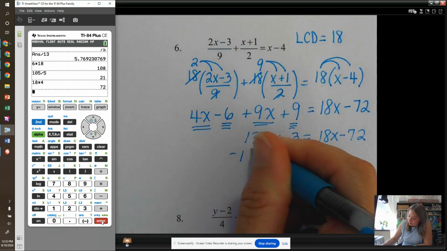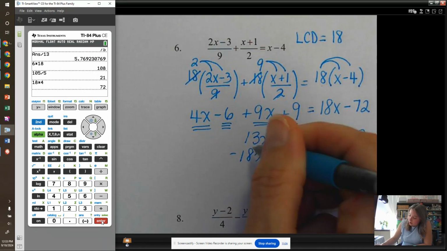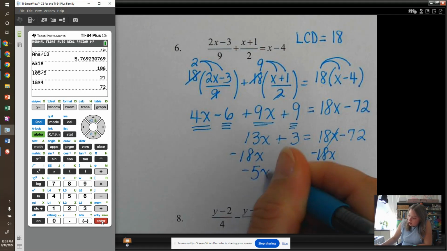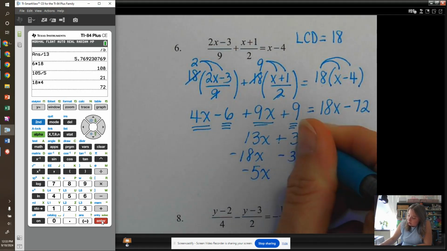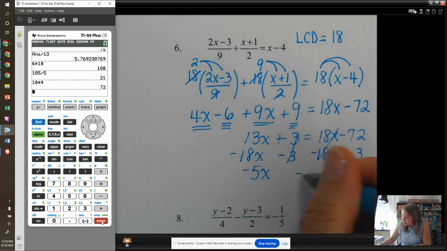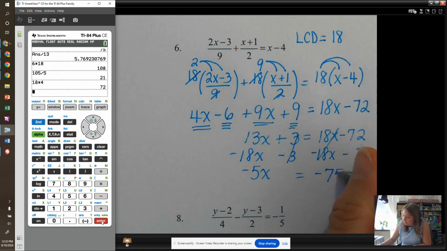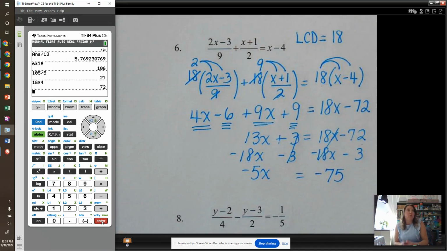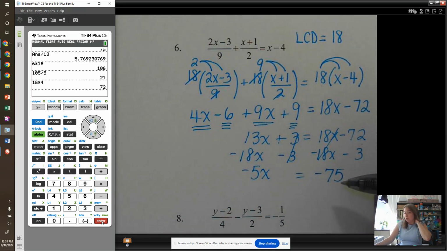So I'm going to subtract that 18x over. I get negative 5x here. And let's subtract this 3 over to be with this negative 72, and we end up with a negative 75. Same sign sum. They're both negative, so you actually add the values up, and the answer to that is also negative.